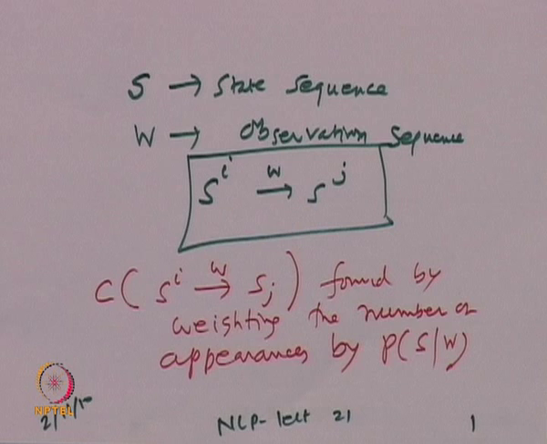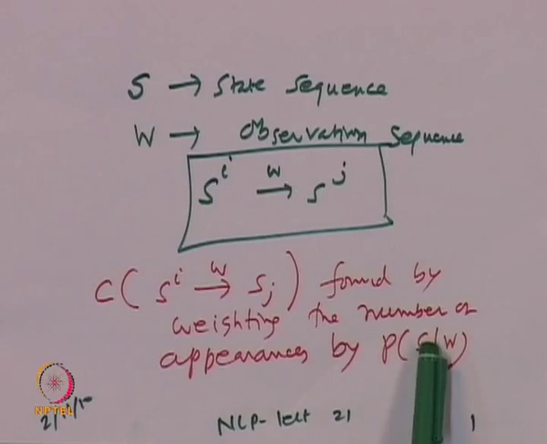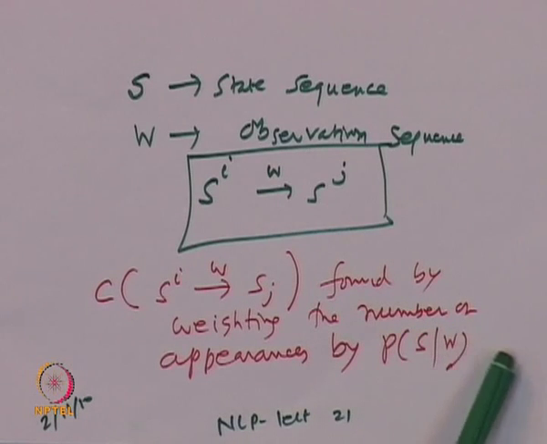The weight comes from the probability value of S given W, and if the pattern appears in S, then that count will be multiplied by P of S given W. This is intuitively acceptable, and this is the way we would like to obtain the count.